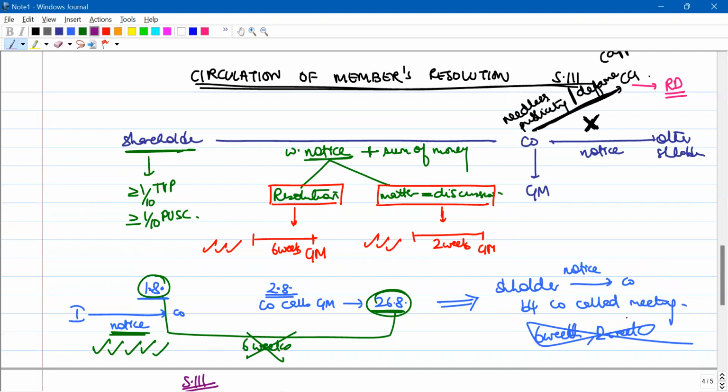In such a case, the 6 weeks, 2 weeks criteria become irrelevant. And finally, we learned that if the company is able to prove to the central government that these shareholders have given this notice only to secure needless publicity, or only to defame a particular group of shareholders or the company, then the central government will pass an order saying that the company need not send the notice to the other shareholders.